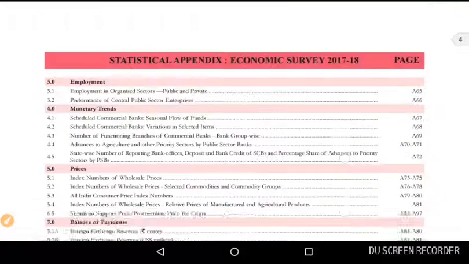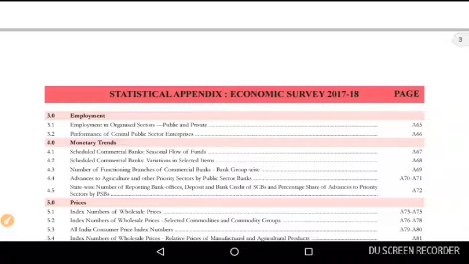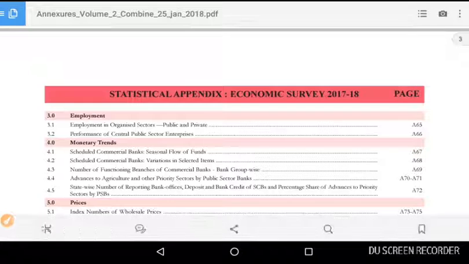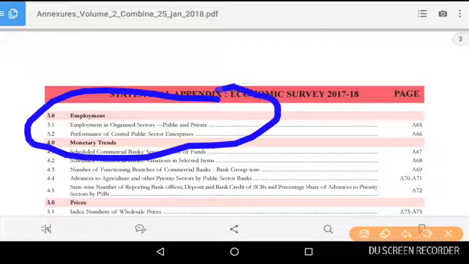And as you can see, employment is a very important topic. What is the performance of the public sector, and what is the performance of the private sector? As the government is in loss, public sector units are not working properly, so public sector or government jobs are not in the market.